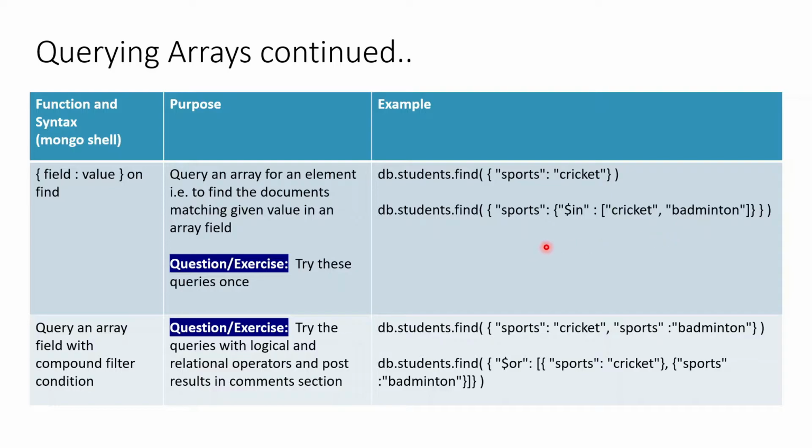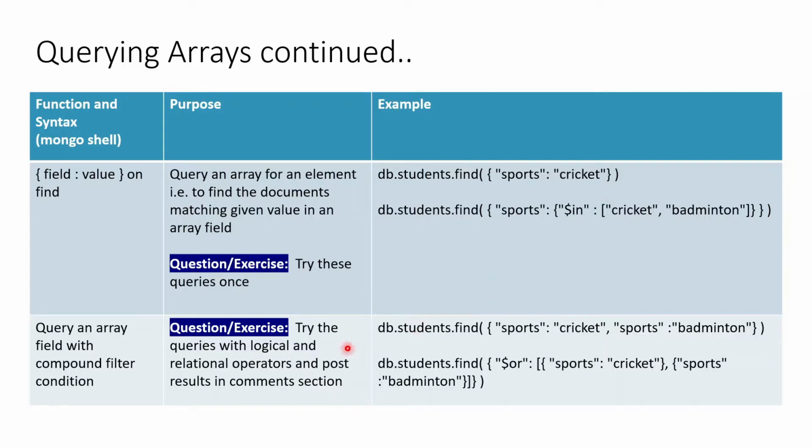That way we can find the records. And by the way, this query can also be used when we want to find the students who have opted for cricket no matter where it appears, whether it is appearing in an array or it is stored as a plain value. So this query can work in both situations.